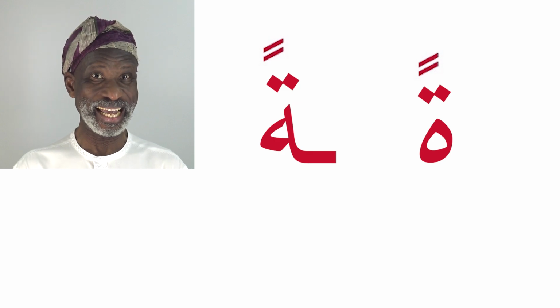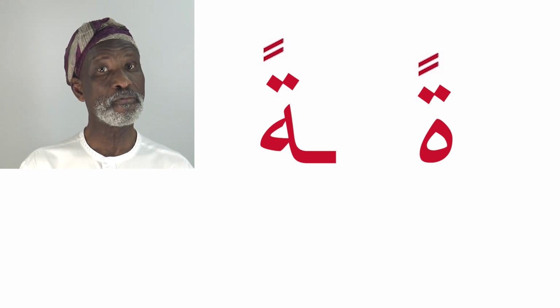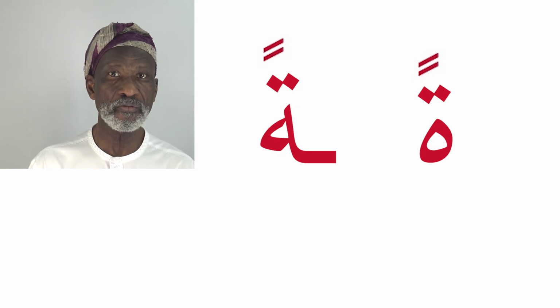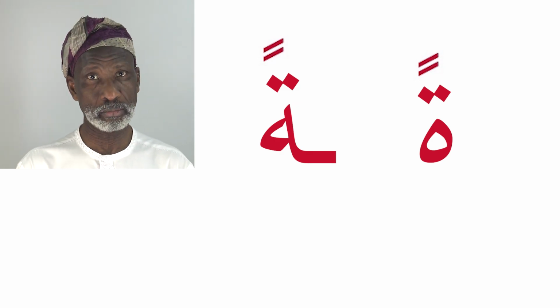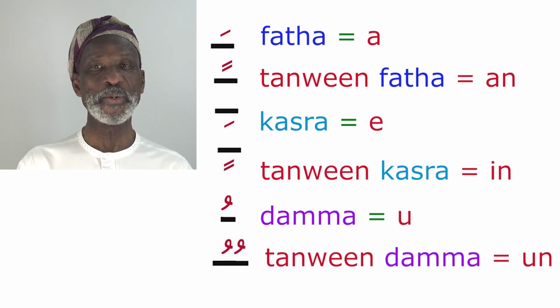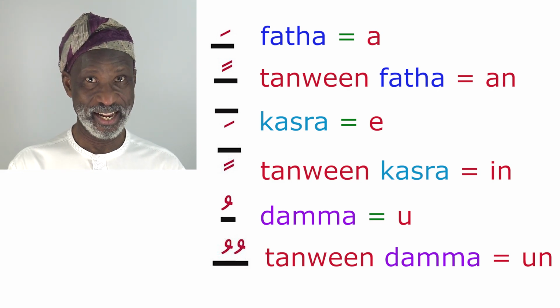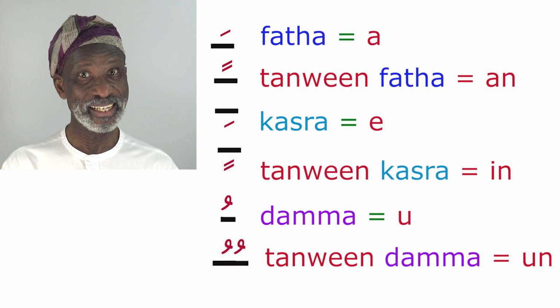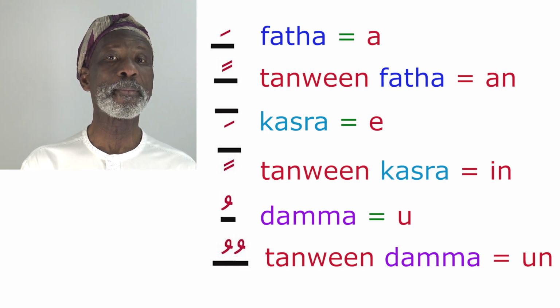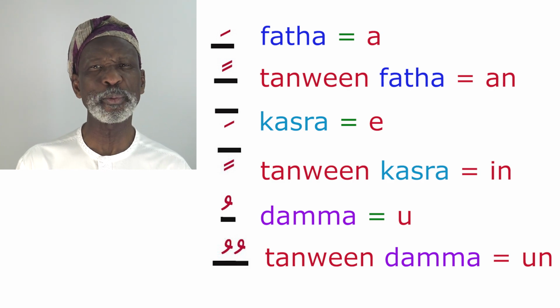So tan, in that case, you don't need that conventional alif after tenween fatha. We will revisit that rule later on, inshallah. Now, what we need to do is to use our tenween fatha, tenween kasra and tenween damma. Let's place them on our alphabet to see how they sound.